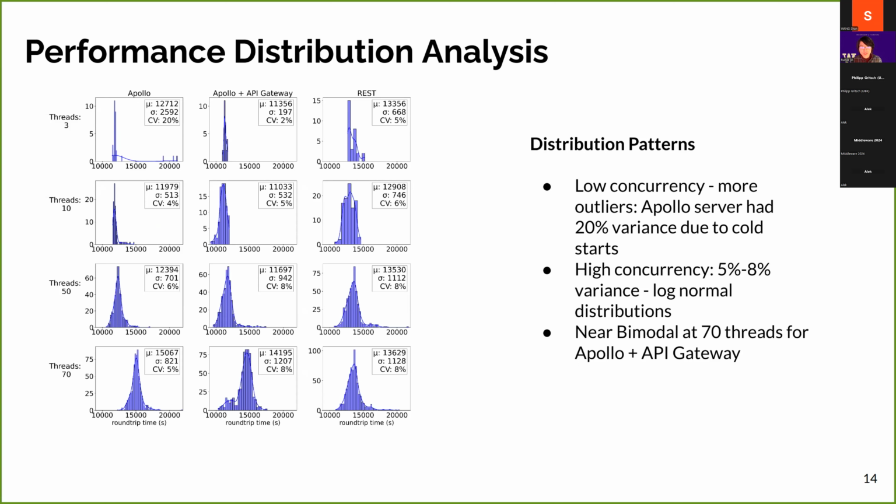And specifically at 70 concurrent threads for Apollo and API gateway, we were seeing a near bimodal distribution. It turned out that's because around 15% of the requests were processed by Apollo at the end of the running batch, so they were gaining more resources than their predecessors.